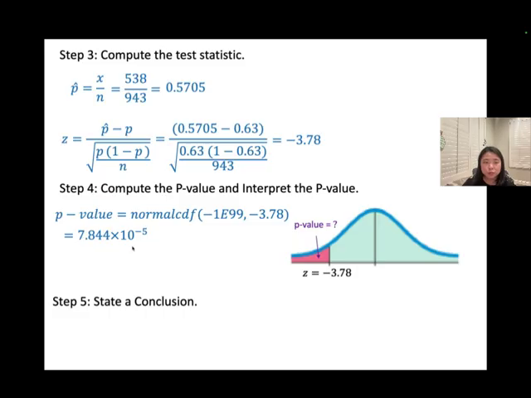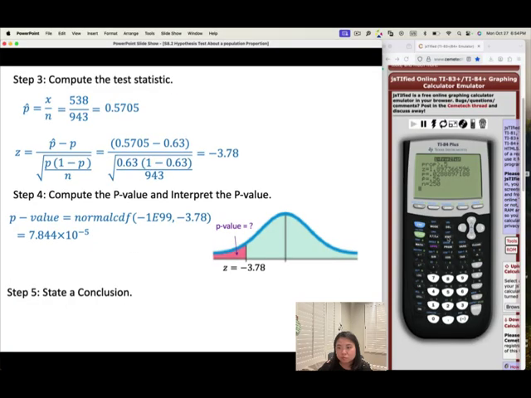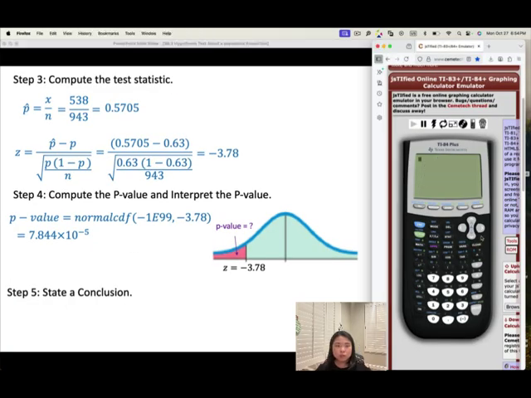Okay, let me show you guys with the calculator. So you're going to do second VARS, normal CDF, lower value negative 1E99, and then upper value negative 3.78, and then paste. You're going to see 7.844 and then E negative 5 in here.